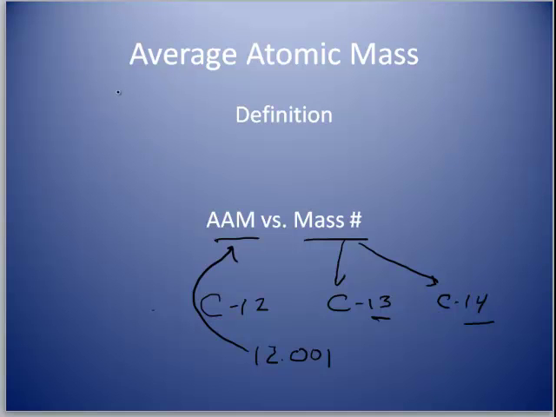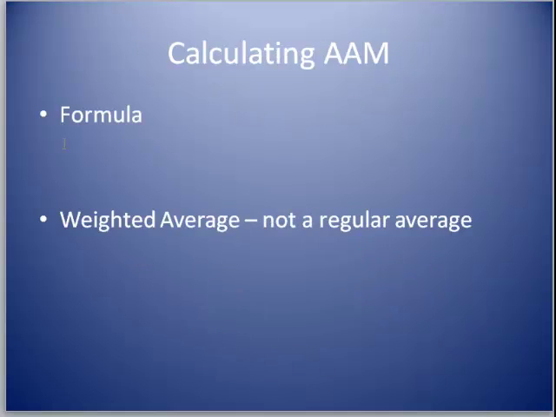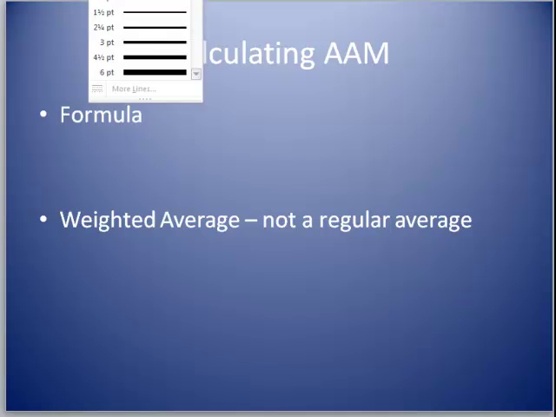So when we're calculating the average atomic mass, what we're doing is essentially calculating that number that is the weighted average that shows up on the periodic table. When we do that, we're going to use a pretty simple formula.